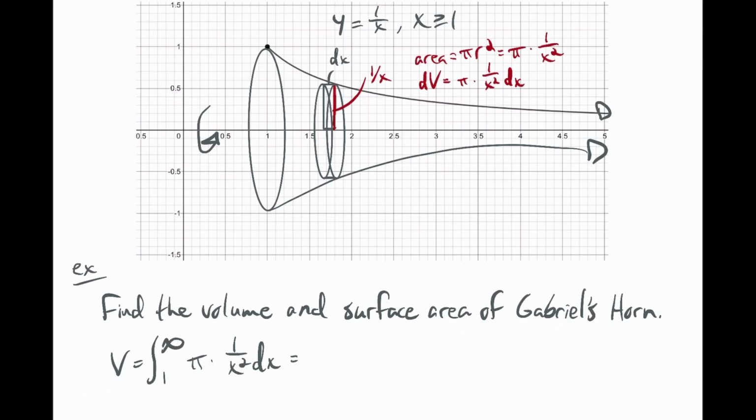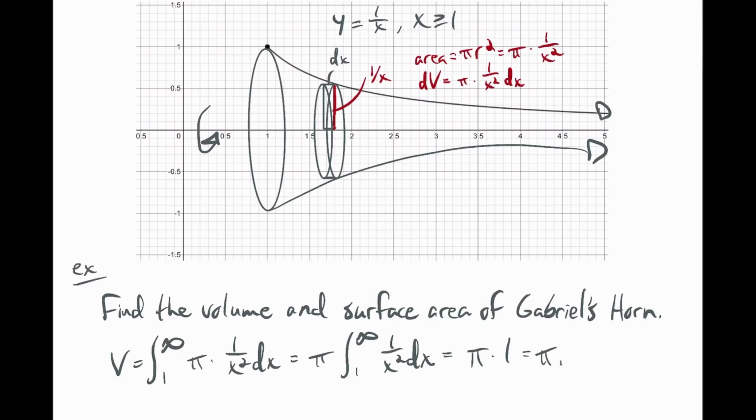Well, if I factor the pi out, it's pi times the integral from 1 to infinity of 1 over x squared dx. I'm pretty sure we already worked that out. That integral is 1, so pi times 1, which is, of course, pi. So there you go. That is the volume of Gabriel's horn.